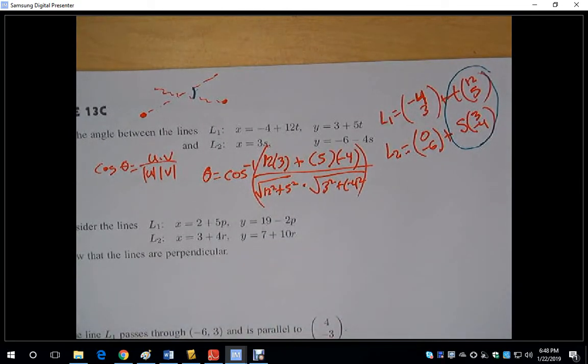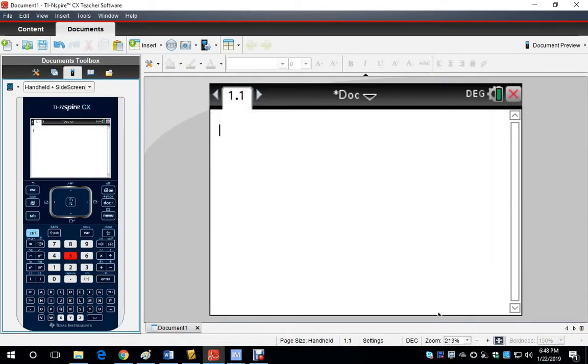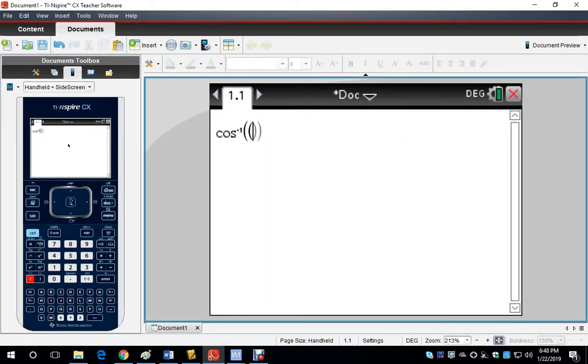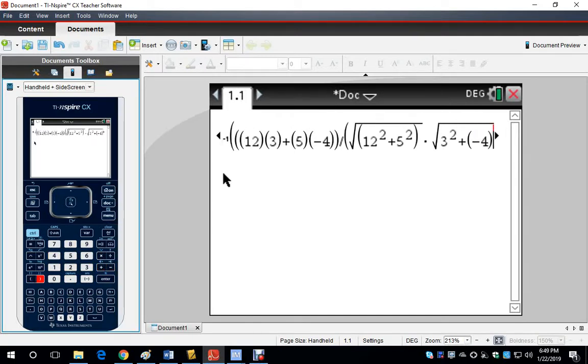I'm going to throw that all into my calculator. So I'm going to get the inverse of cosine of, using a bunch of parentheses, 12 times 3 plus 5 times -4, and then all over the square root of 12 squared plus 5 squared, times the square root of 3 squared plus -4 squared.